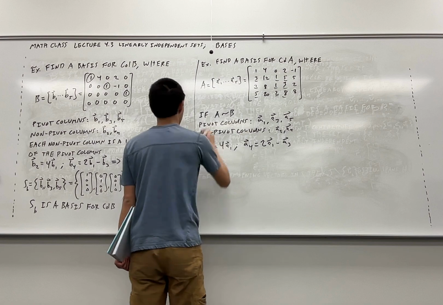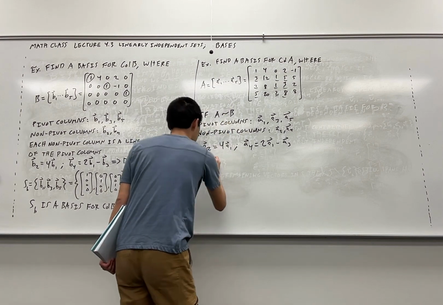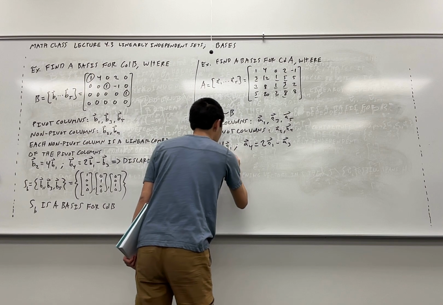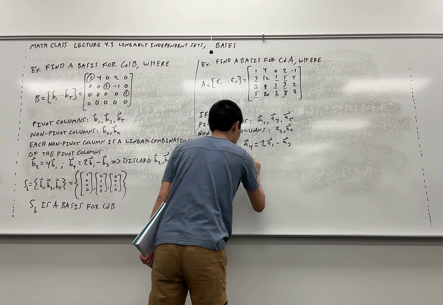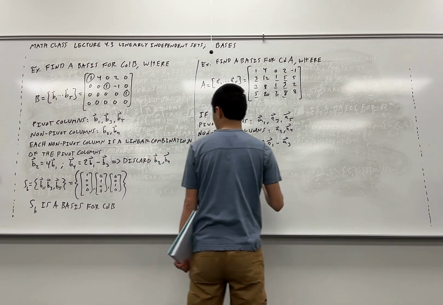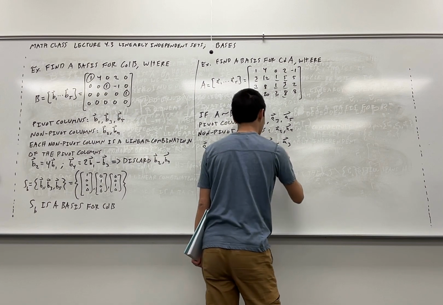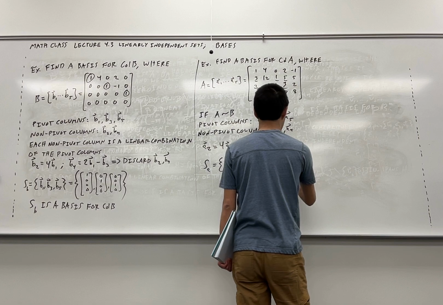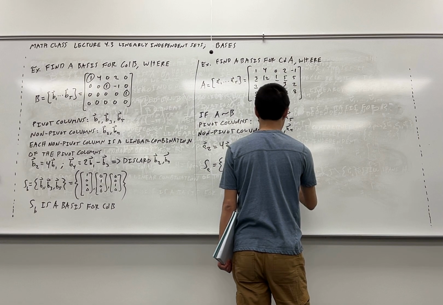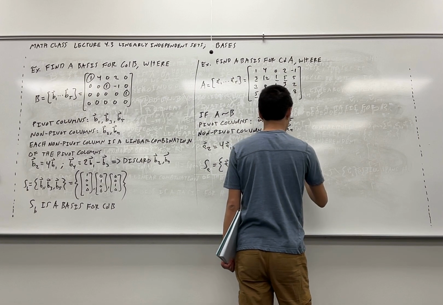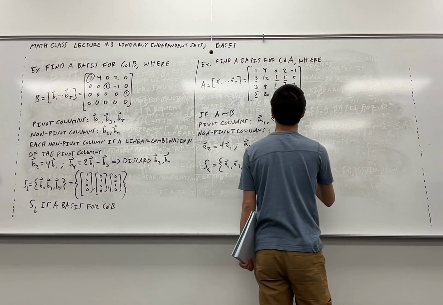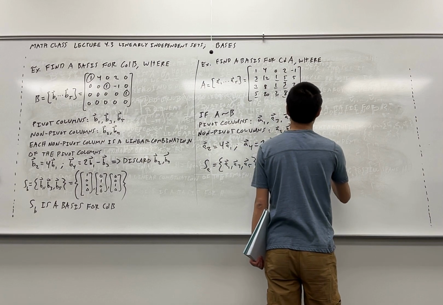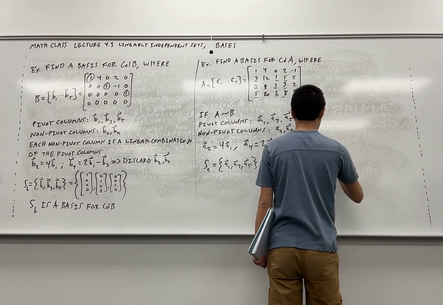So I could say for A, S_A, I'm going to only keep A1, A3, and A5 around, because those are the only ones that are actually doing anything. 1, 3, 2, 5, 0, 1, 1, 2, and minus 1, 5, 2, and 8.